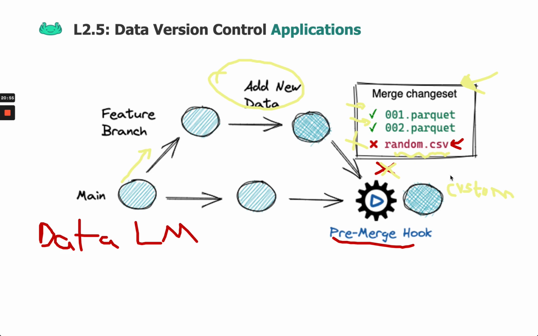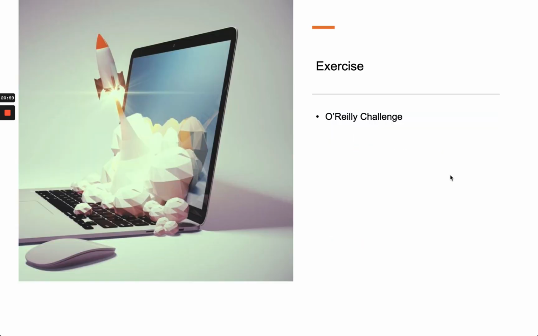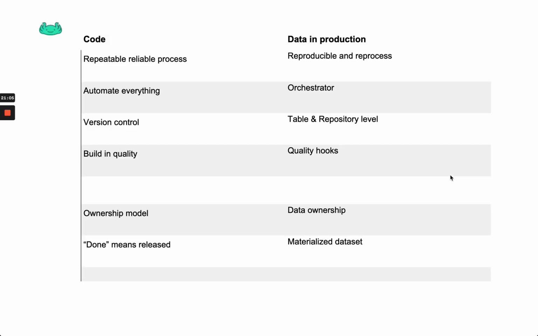We can have the CI/CD for code. So you can imagine I have CI/CD here, CI/CD for my source. This is part of my software development lifecycle.